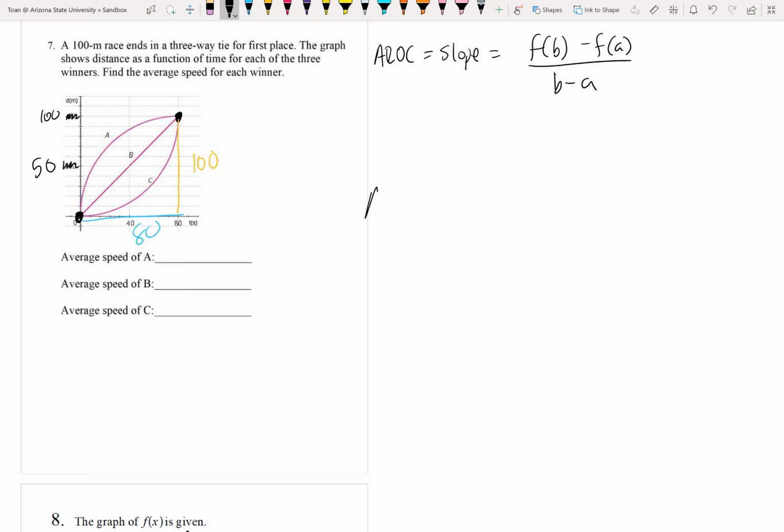So that's basically what this problem was. Average rate of change was 100 meters over 80 seconds, which was what, 5 fourths meters per second. Okay. So for every single one of these questions, it should have been 5 fourths, 5 fourths, 5 fourths. Because they have the same start and final point.